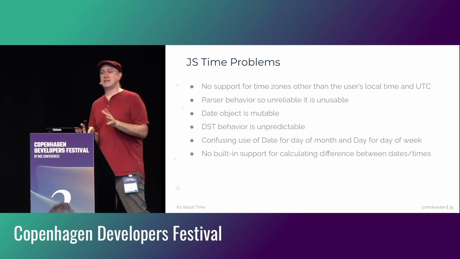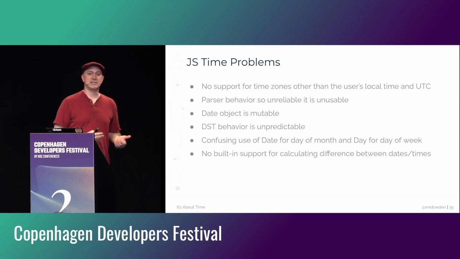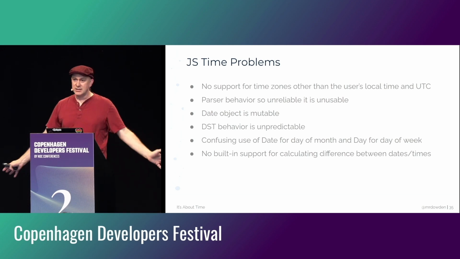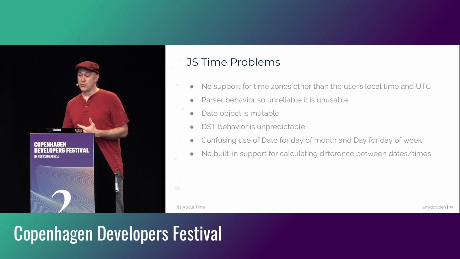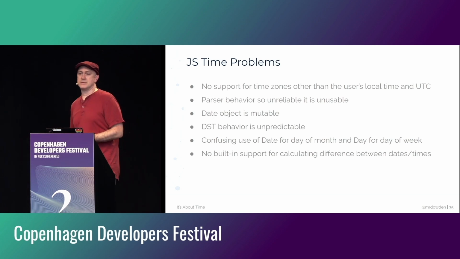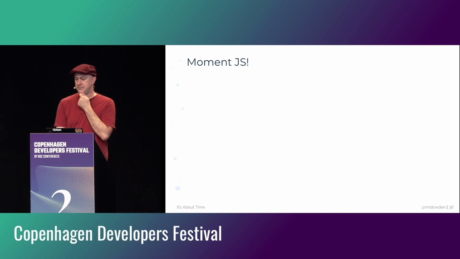So it's really easy for us as developers to come up with hundreds and hundreds of use cases where our code works perfectly, and then we put it in the wild and it doesn't work at all, and then we've got to figure out why. And the why is because we're really, really bad at time zones. And the JavaScript date library makes it hard for us to do this correctly.